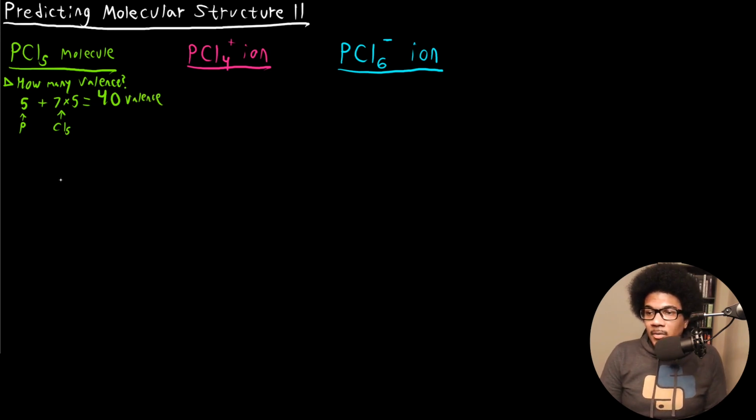All right, so going through connecting all of the atoms, we're going to have all 5 chlorines attached to the phosphorus. Now, in order to finish this Lewis structure, I'm going to fill in the octets for the chlorines, giving them the remaining lone pair electrons.